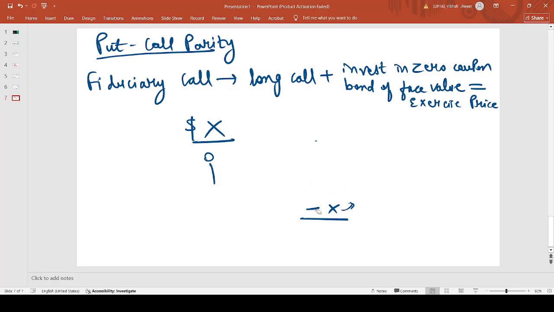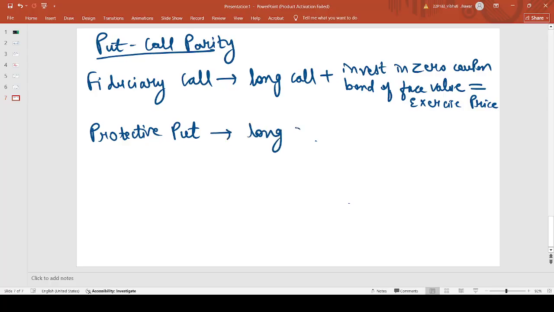Now, another thing in put call parity is the protective put. What is a protective put? Here you will long the stock. You are buying the stock and you are buying the right to sell the stock, long put.